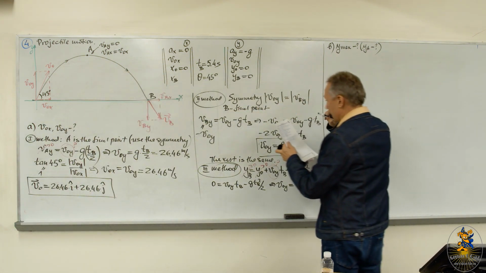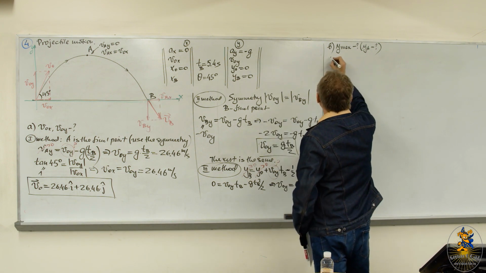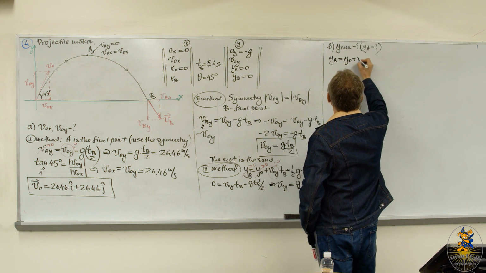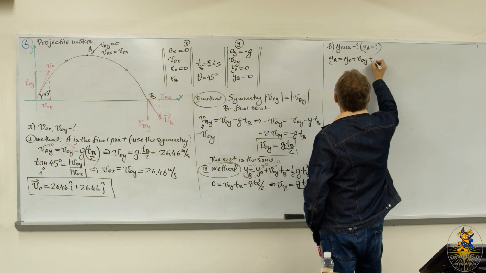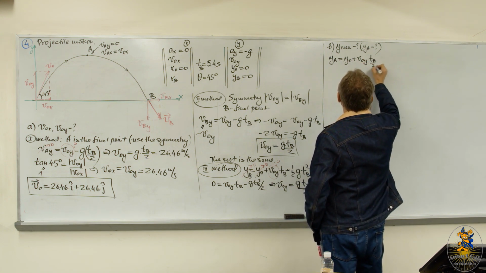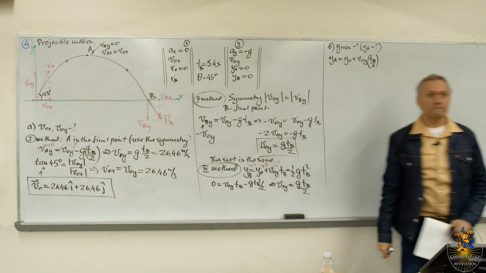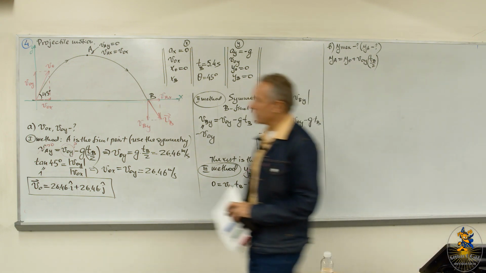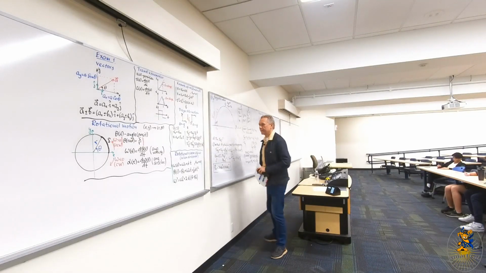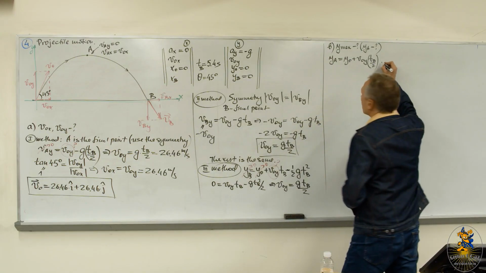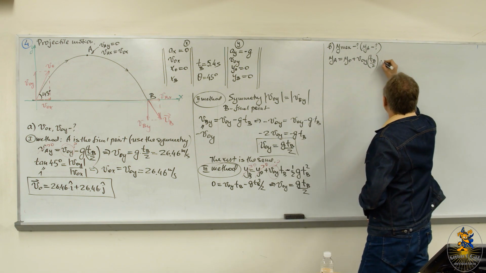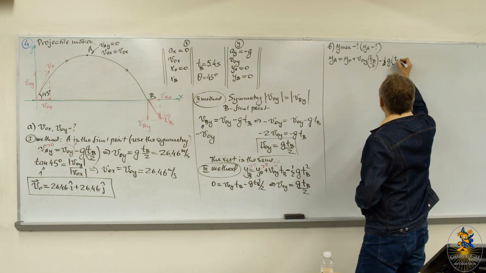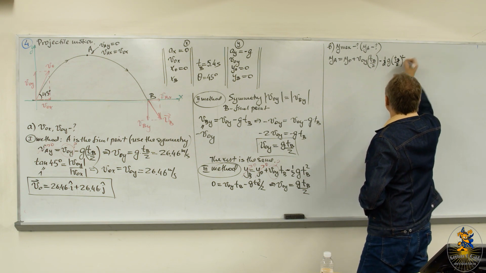So now point A is the final point. So now y_A equals y naught plus v naught y t_B over 2, half of the time. I'm just rewriting this equation. I decided first to use this equation, right? And then minus 1 over 2 g, and the time now, of course, is t_B over 2, to the power of 2.